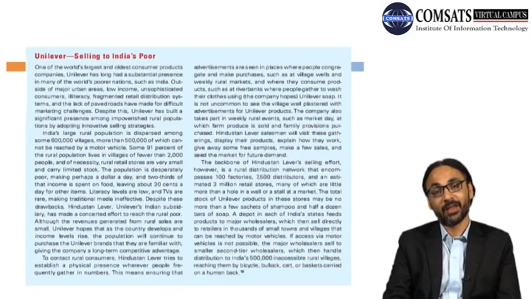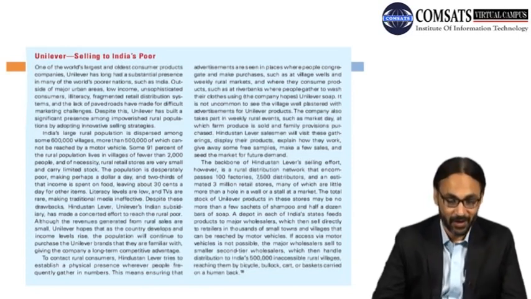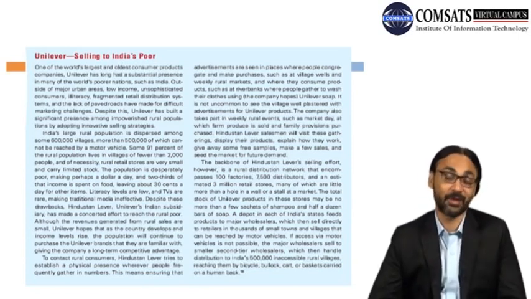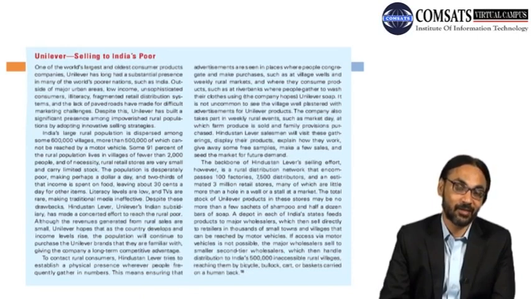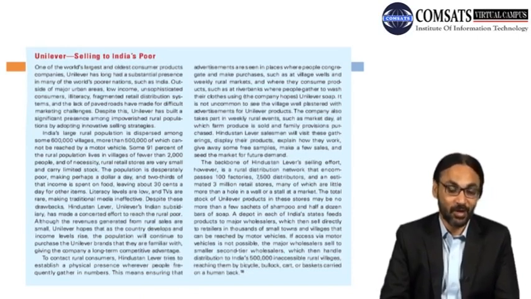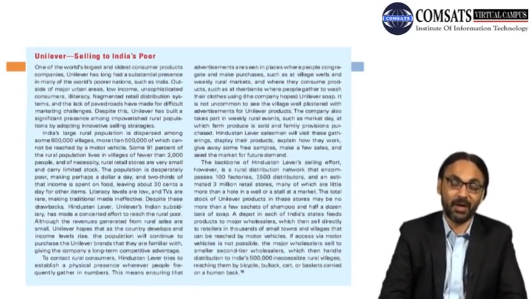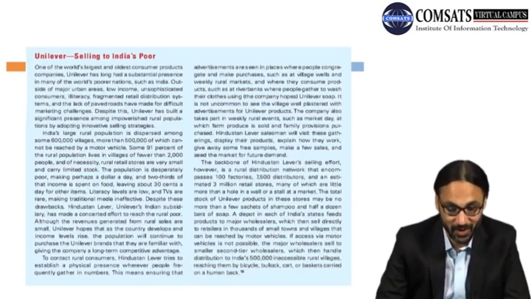Another thing, the main important advertising medium, the TV, they don't have. And now how is Unilever going to approach those people, in those difficult circumstances, in those faraway rural areas and poor areas? What would be the marketing strategy? That is interesting.